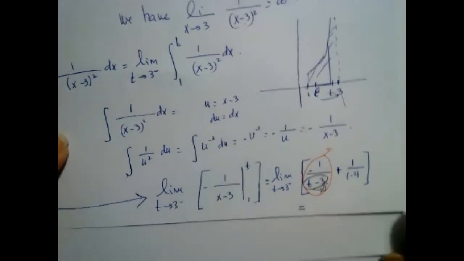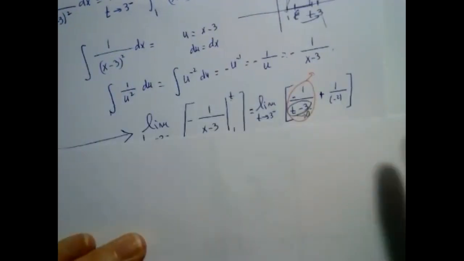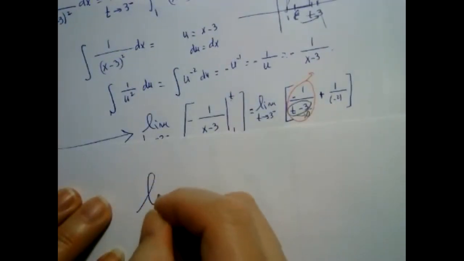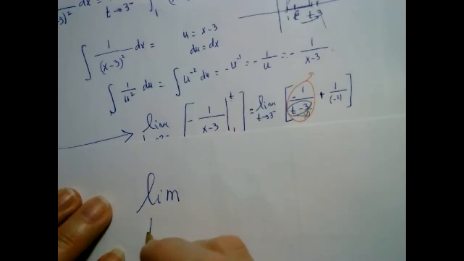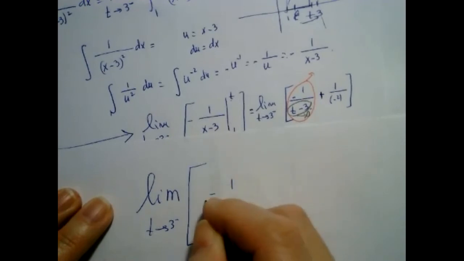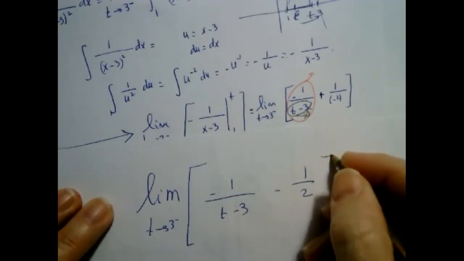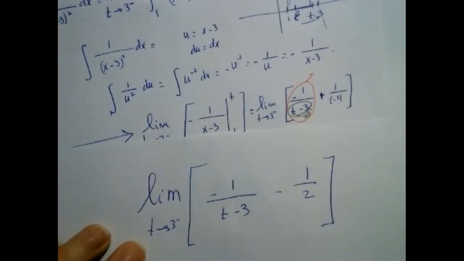Let me write it bigger. It's the limit as t becomes close to 3 of minus 1 over t minus 3, minus a half. So what will happen here?